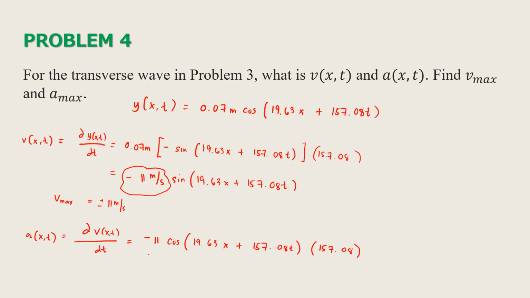So we have the acceleration, which is negative 1728 cosine kx plus omega t. So the maximum acceleration is equal to plus minus 1728 meters per second squared.